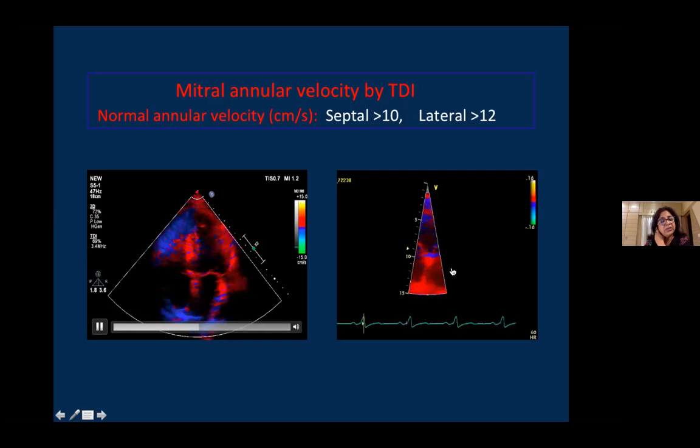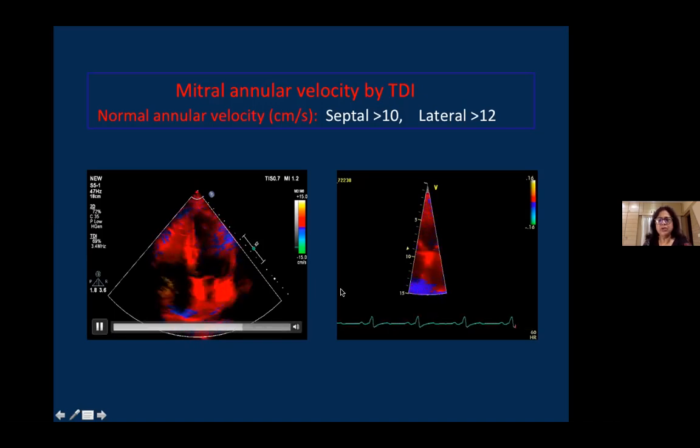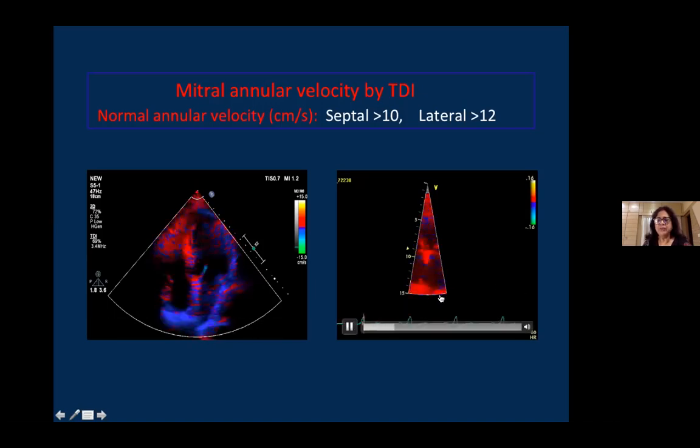This is because we need a very high frame rate while assessing the tissue Doppler velocity, so we cut the unnecessary portion and reduce the sector width. Now I have kept my sector on the septal annulus.